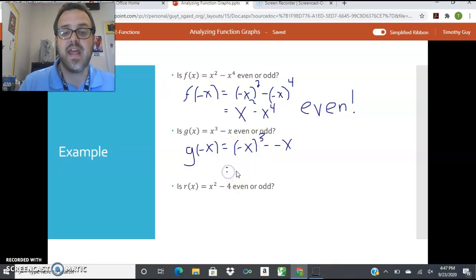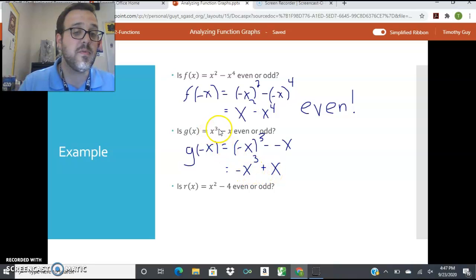So I'm going to have negative x to the third, and then minus a negative will be plus x. If you notice, this is not the same function as what we started with. However, it is the exact opposite. Every term has changed its sign. The first term was positive, now it's negative. The second term was negative, now it's positive. So this will be an odd function.